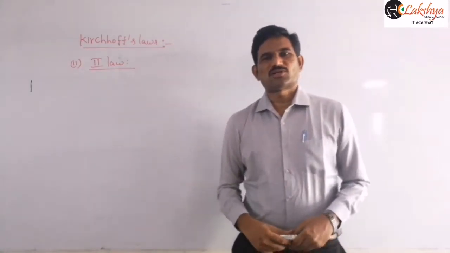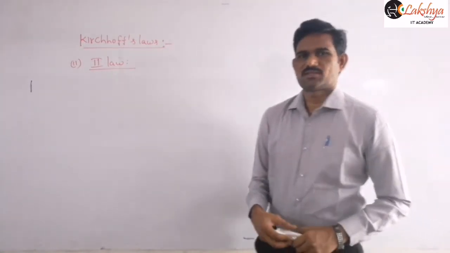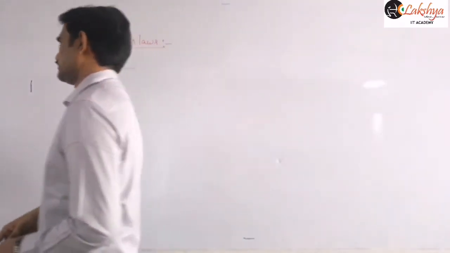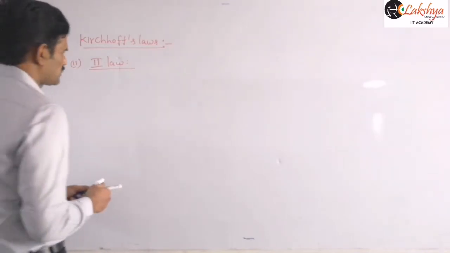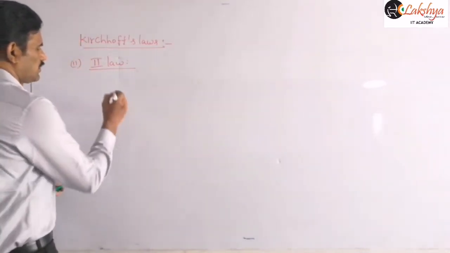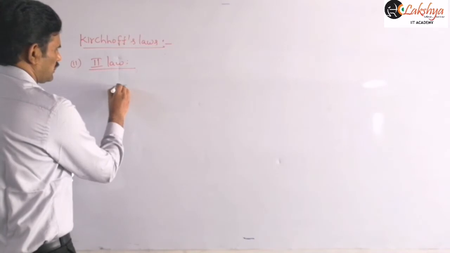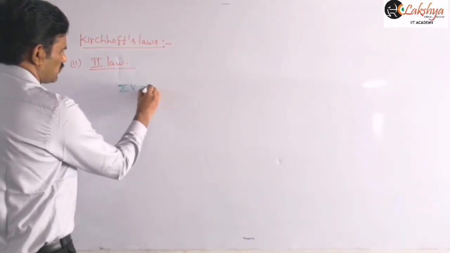Algebraic sum of all the potential changes in a closed loop is 0. That is sigma V is equal to 0.